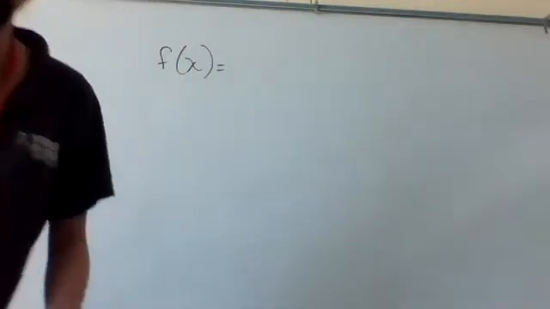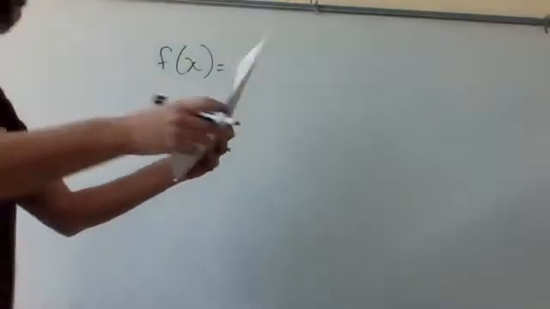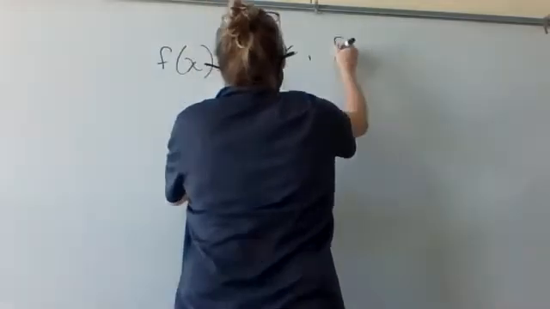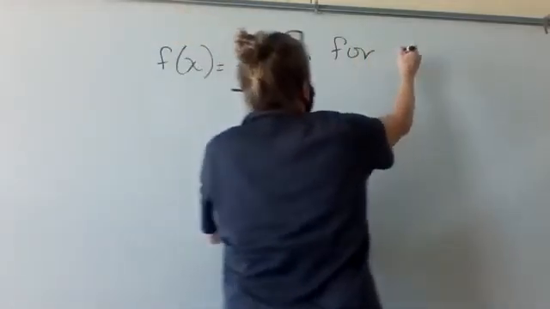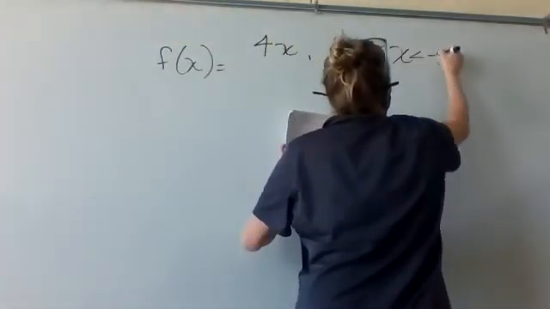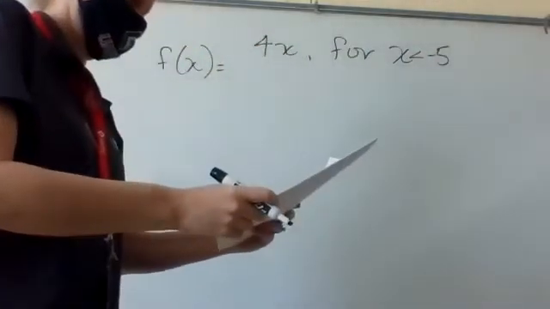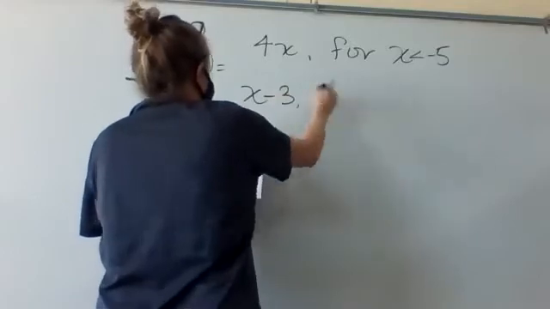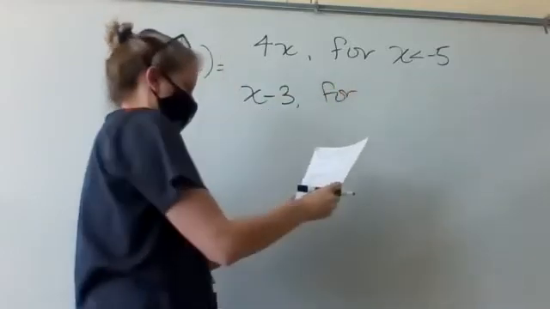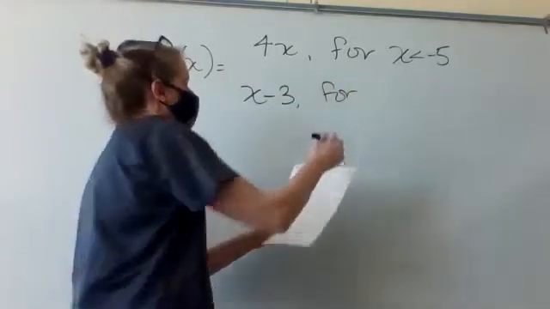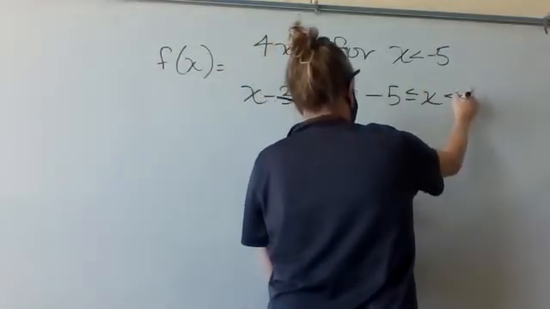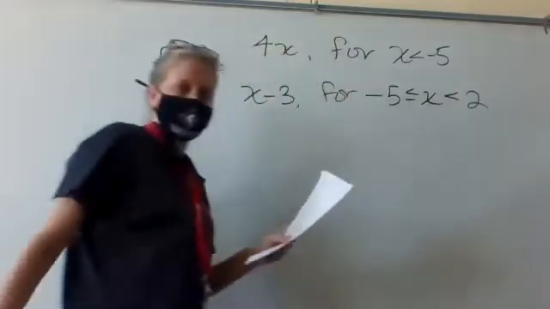All right, number 3. Let's look at the pieces for number 3. The function is 4x for when x is less than -5. X minus 3 for when -5 is less than or equal to x, which is less than 2.